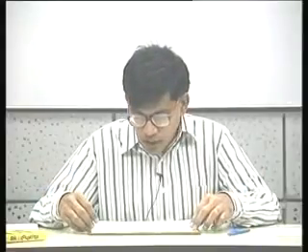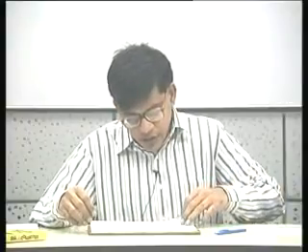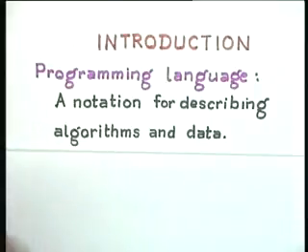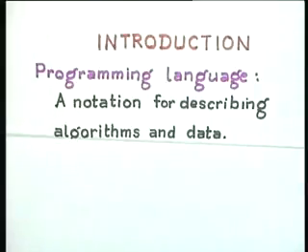So in general, even that language, what we might call the machine language, can be called a programming language, because let's take a very general view. What is a programming language? A programming language is just some notation for describing algorithms and data.